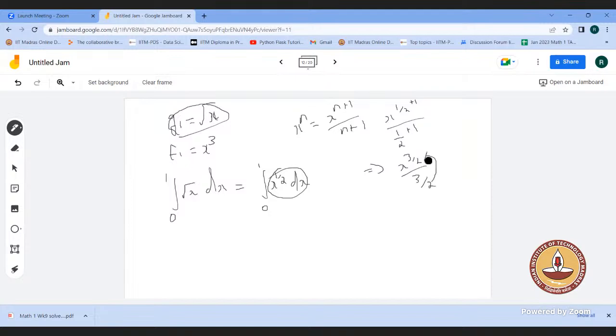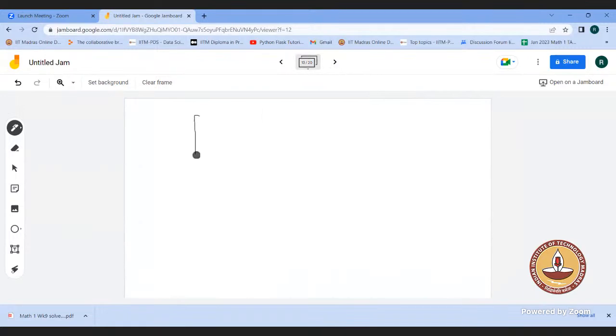So this 2 will go here, and this will be 2 by 3 x power 3 by 2, from 0 to 1, correct? So what we have to do now?